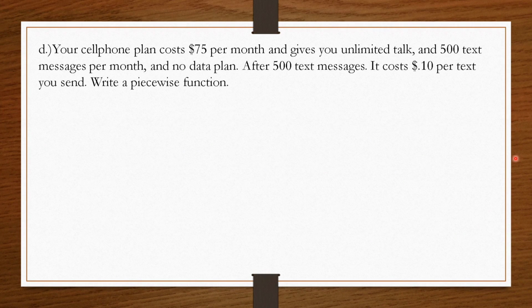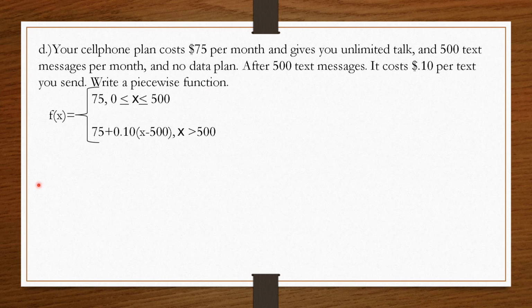For our third example, your cell phone plan costs $75 per month and gives you unlimited talk and 500 text messages per month and no data plan. After 500 texts, it costs $0.10 per text you send. Write a piecewise function. Your piecewise function will look like this.